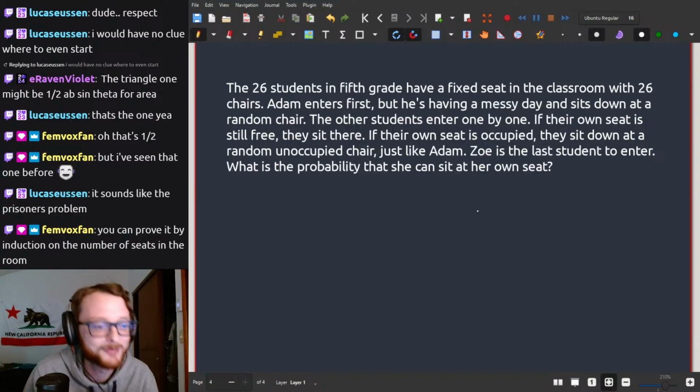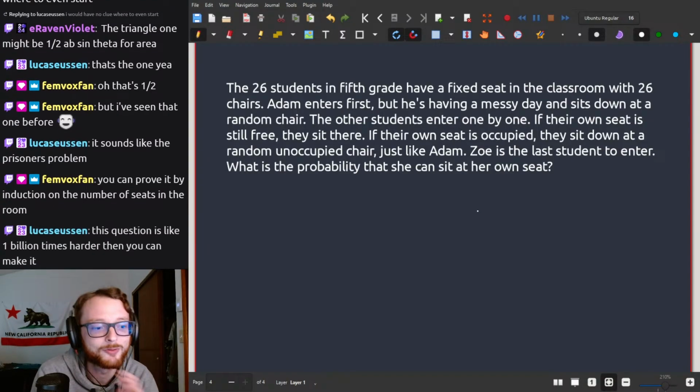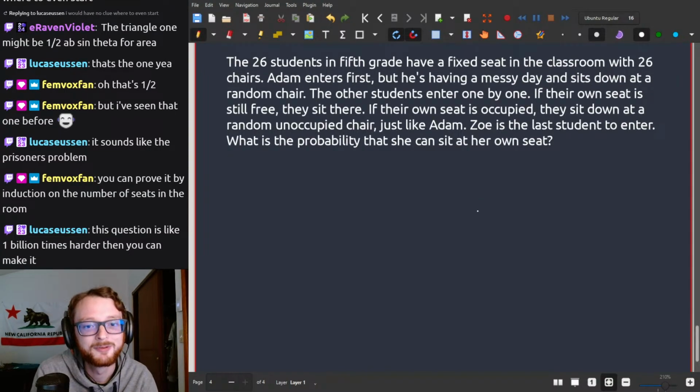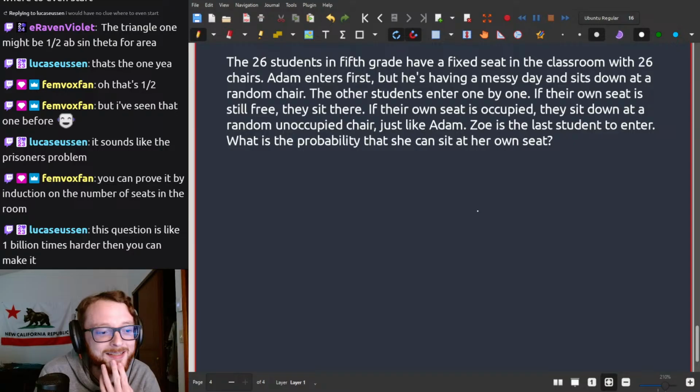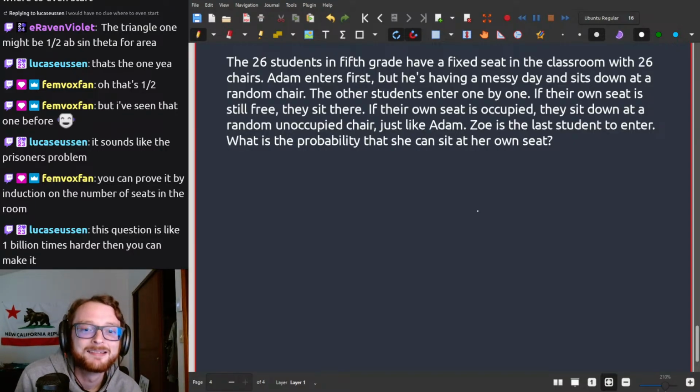Oh yeah, it reminds me of that one too. Prove it by induction on the number of seats in the room. What? Induction?